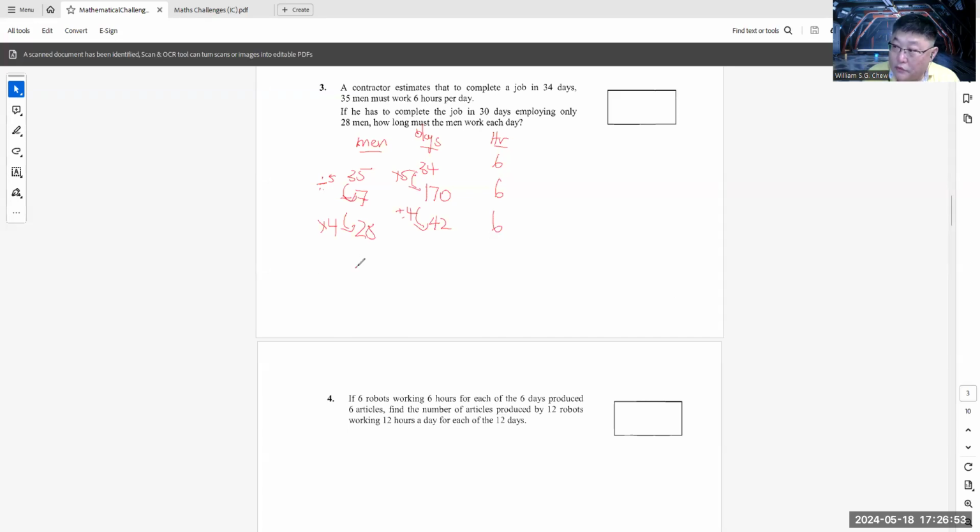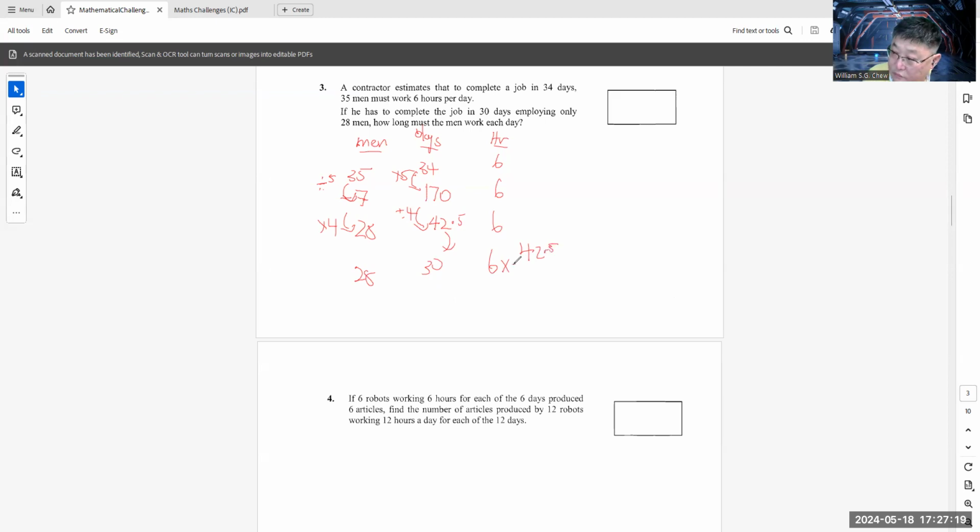So with 28 men, I need to get the days to 30. How to get this to 30? It's 42.5 divided by 30, right? So how many hours do you need? You need 6 times 42.5. Sorry, this is 42.5, which is 170 divided by 4.